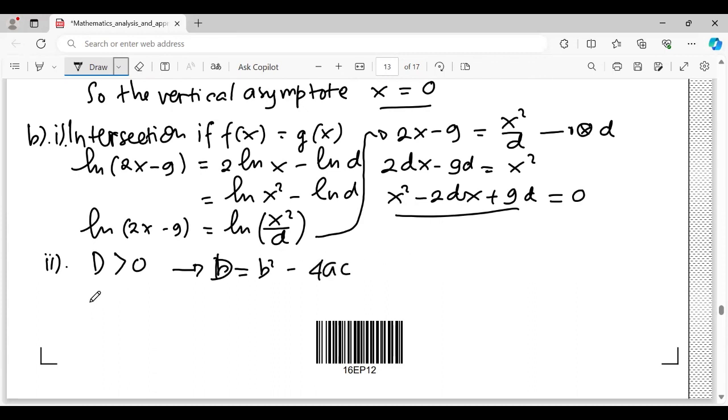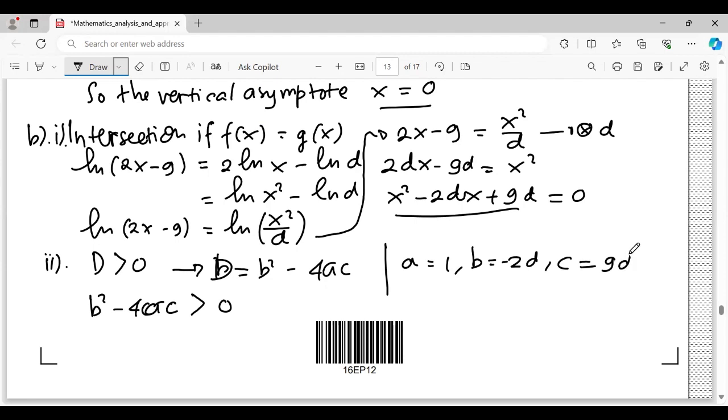So b squared minus 4ac is greater than 0. From this equation, we got that a equals 1, b equals minus 2d, and c equals 9d.